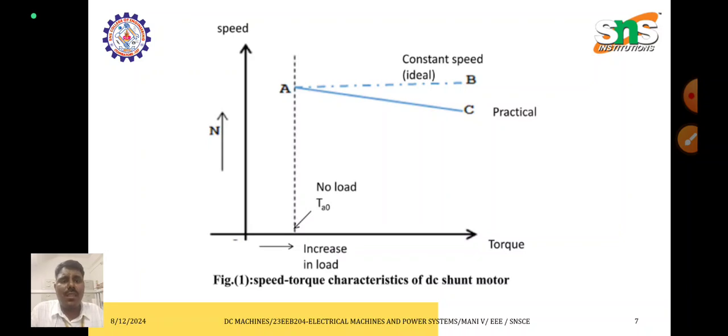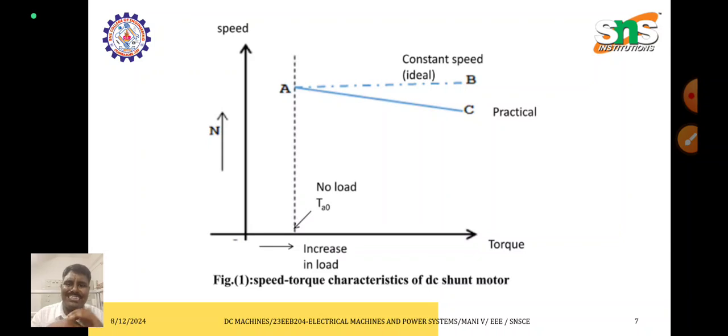Next, speed torque characteristics, or it may be torque speed characteristics. Here, the rated speed is 1500, and from no load to full load, the speed variation will be, instead of 1500, around 1300 or 1350 like that only.